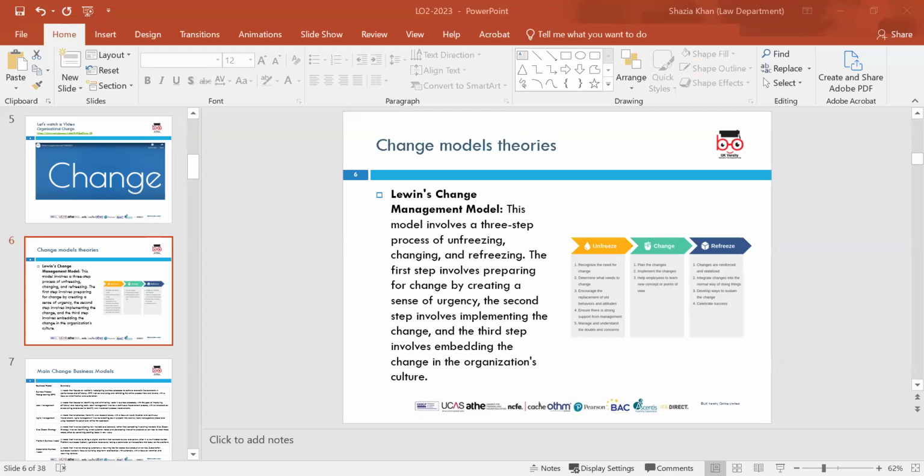The key here in the third stage is that it's a return to stability. This is a necessary step because while it's accepted that change is inevitable and new changes are likely to happen, they need to be positive affirmations that change was worthwhile doing. So his model is used quite a lot within businesses.